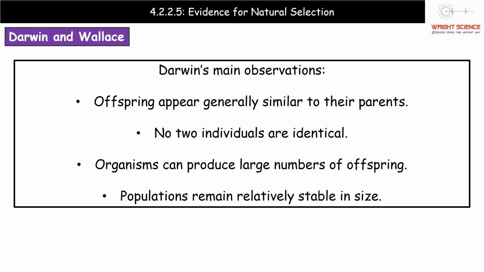That organisms can produce large numbers of offspring, but the populations remained pretty stable in their size overall. So during all of these 5 years of observations he was noting all of these features down. And once he had all of these observations, it was then down to him to use a little bit of creative thinking to come up with an explanation for it.